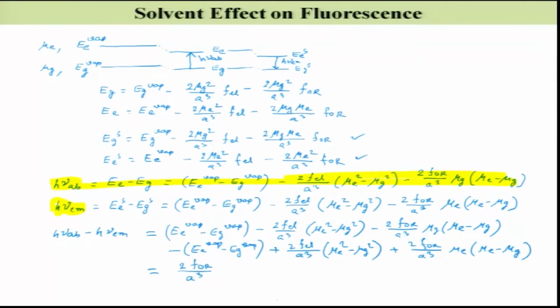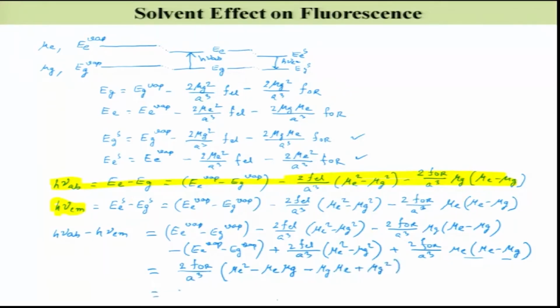See here: mu E square minus mu E mu G. And here is my mu G square, mu E mu G. So, this is nothing but mu E square minus mu E mu G minus, then here is my minus, plus mu G mu E plus mu G square.